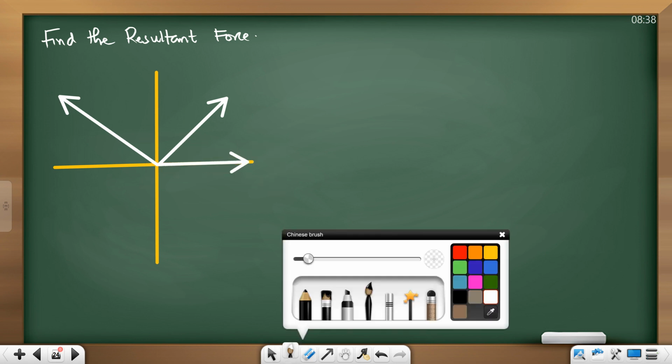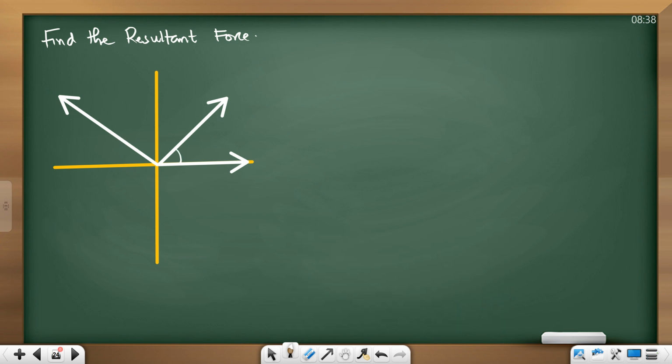There are 3 forces here. Let me change this angle. I want to see your maths. 30 degrees. This force, 20 newtons.